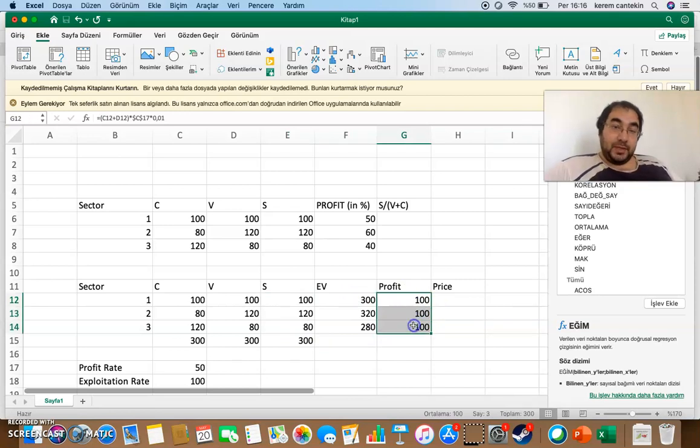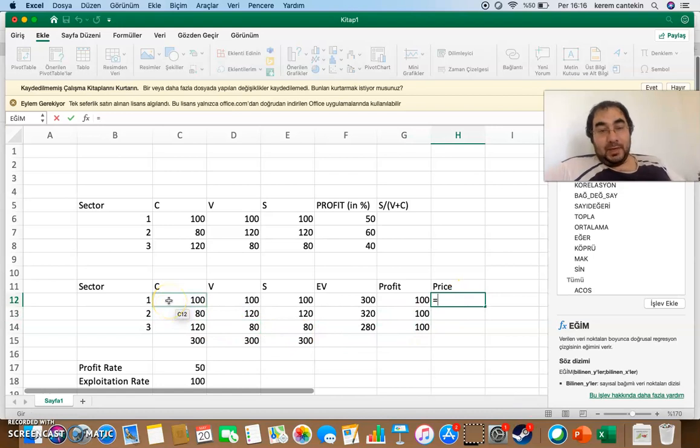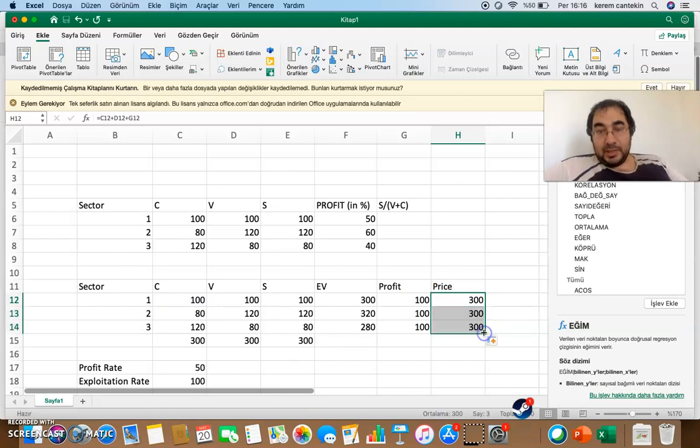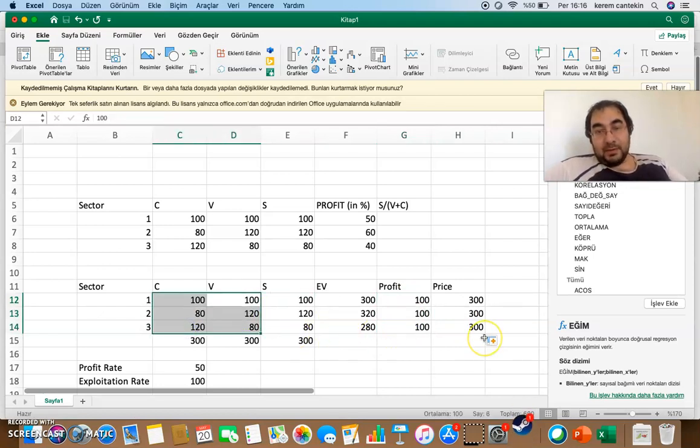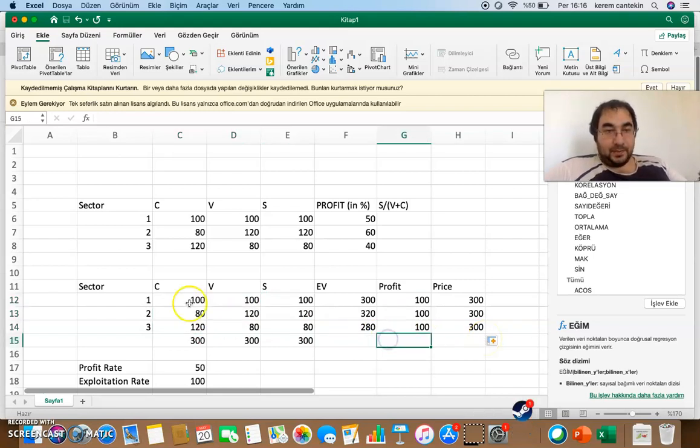However, since the profits are the same, when we calculate the price, we first take into account the costs of the companies, which is in this case C plus V, but then we add the profit of the company to get the final price. So in this case, since the profits are equally distributed between the sectors, because the capital that is spent in each sector is the same, the price level is the same, basically.